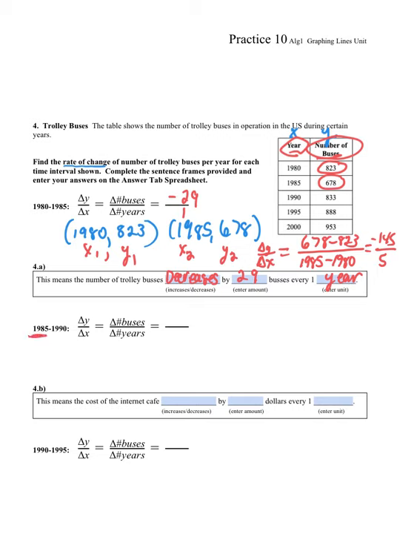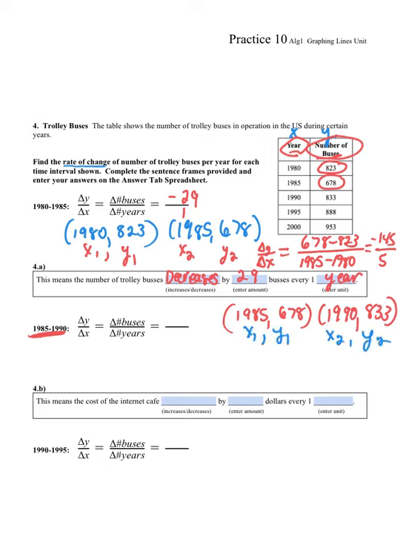Now we're going to check the interval from 1985 to 1990. So again, I'm going to take my ordered pair off the chart, 1985, 678. And I'm already thinking, oh, look, this actually is an increase to go from 678 buses to 833. X sub 1, y sub 1, x sub 2, y sub 2.